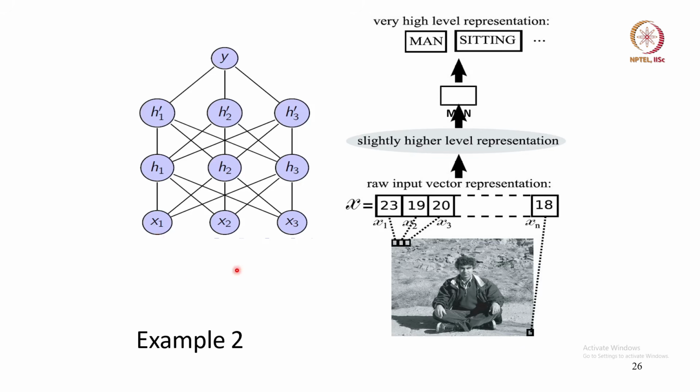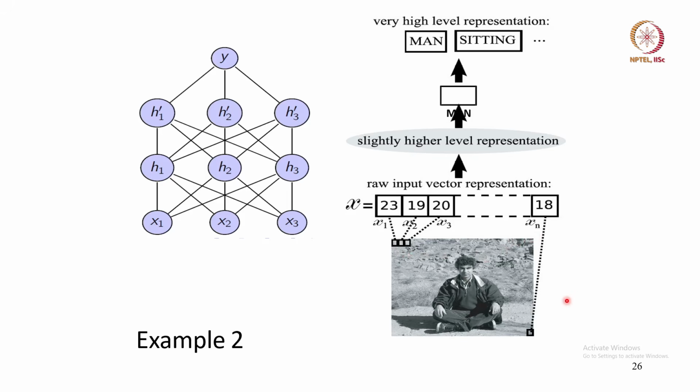Similarly here, suppose this is the input you are giving in. We'll see how the image can be transformed. You are taking the pixel information and concatenating it: the first row, then the second row, third row, and so on.